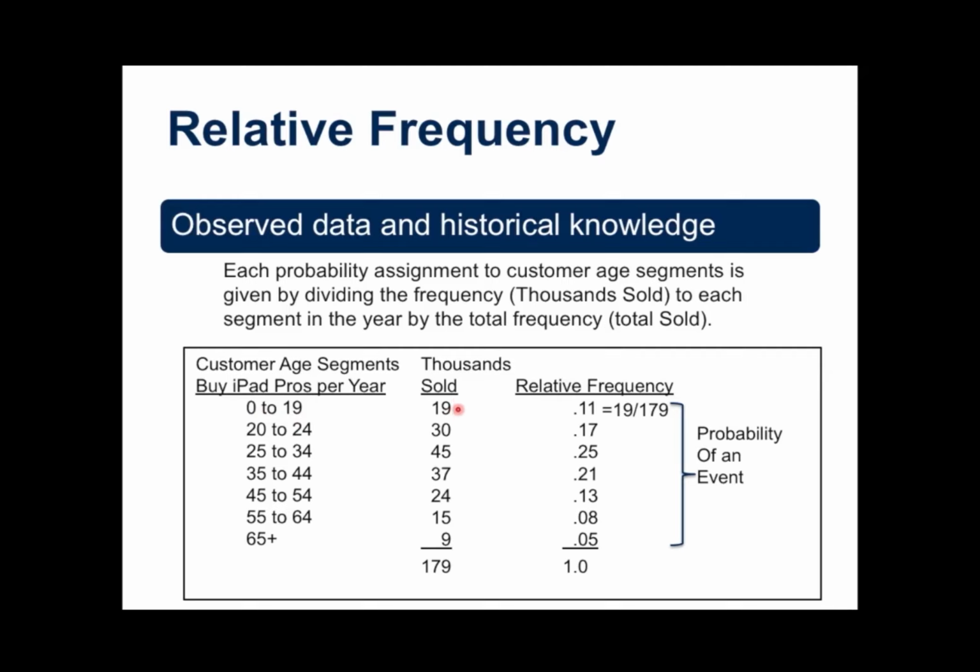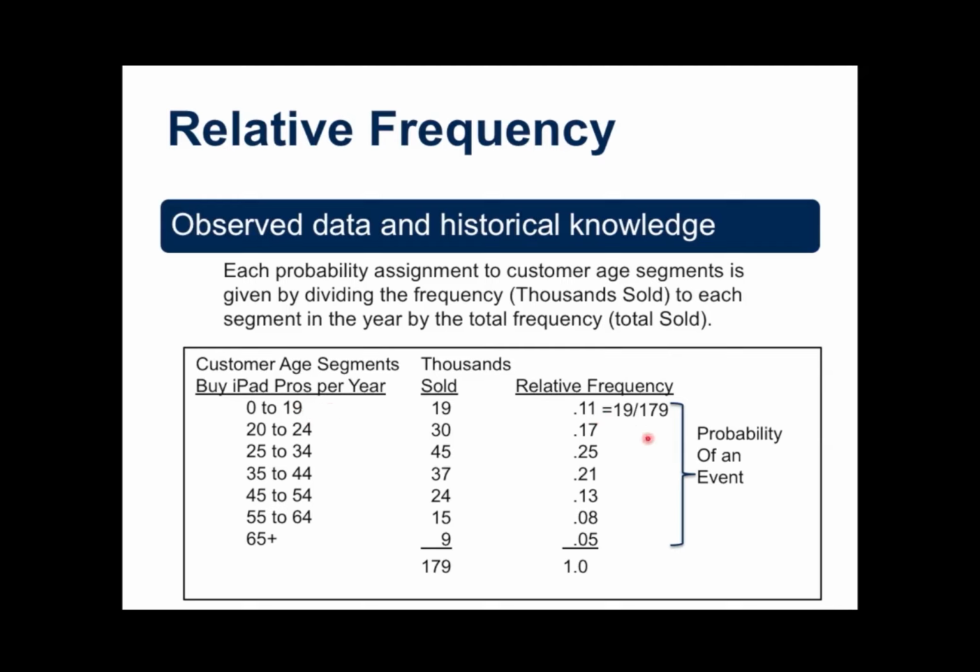And so what's the relative frequency of that occurring? Well, if we take the 19, divide it by the total sold in the year, which would be 179,000 units of iPad Pros sold in the year, I can convert that to a probability of 0.11 or 11%. So this is equivalent to saying that 11% of the time I'm going to be selling iPad Pros to customers in the 0 to 19 age group.